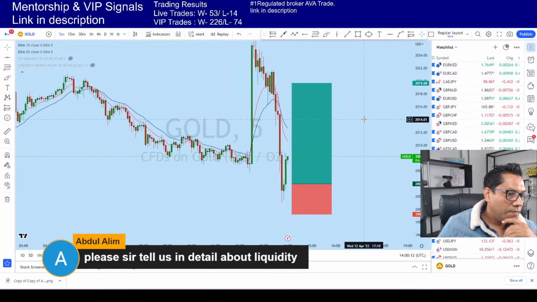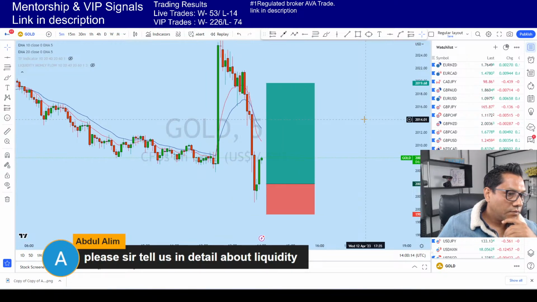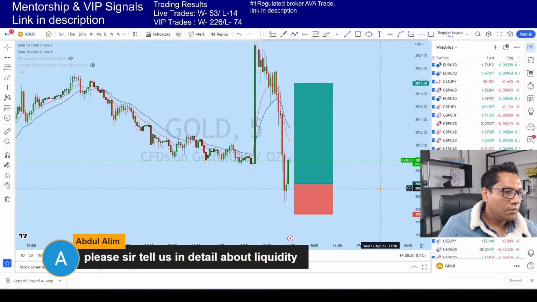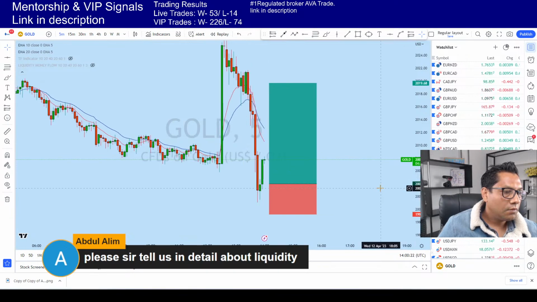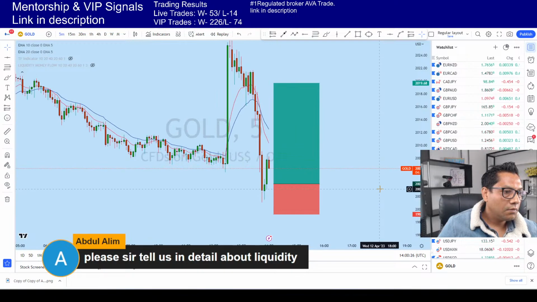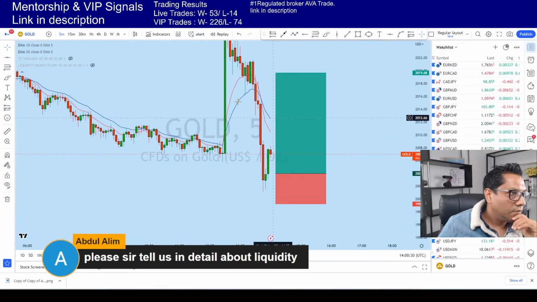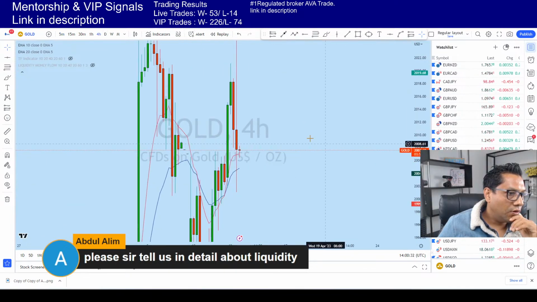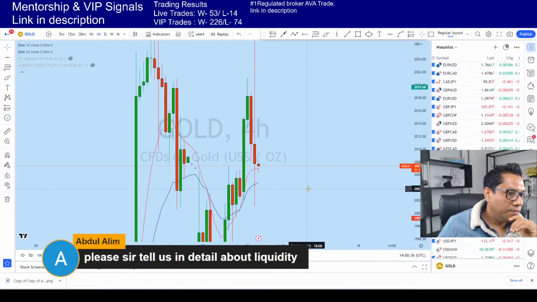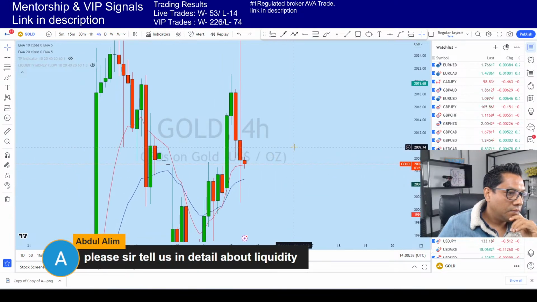Okay. Come on. So you saw this 4-hour candle close. This one should be a bullish candle.